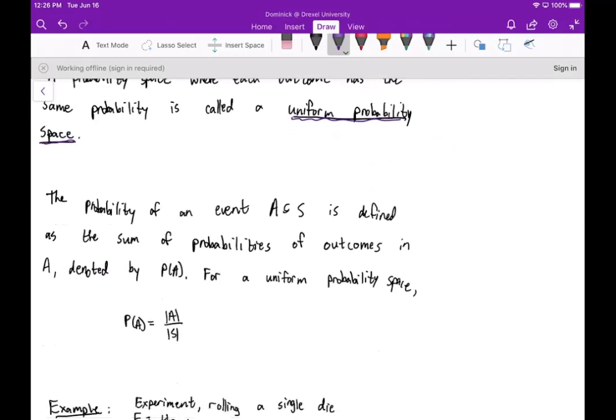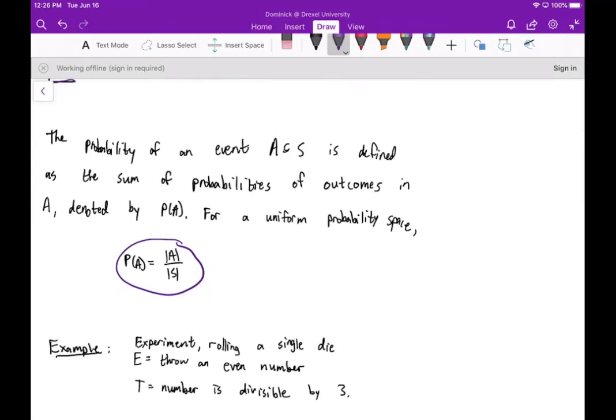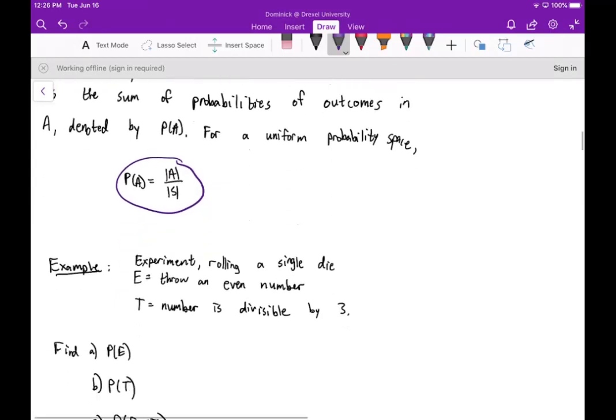Now the probability of an event A, which is a subset of our sample space, is defined as the sum of probabilities of outcomes in A, right? So the sum of probabilities that would make up that certain event. And for a uniform probability space, the probability of that event is the size of that subset of the event that we're interested in divided by the size of the sample space.